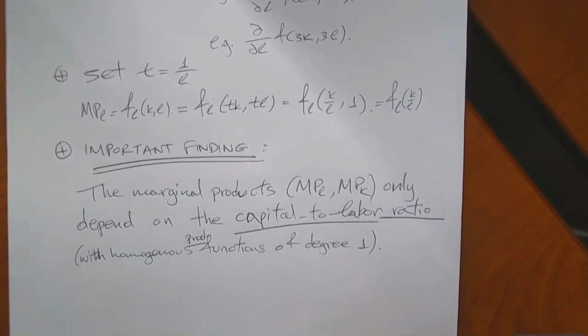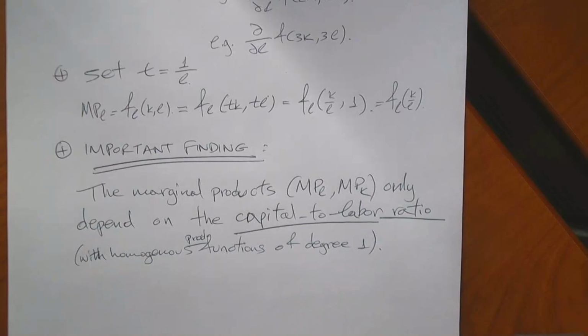So partly why the assumption of constant returns to scale is important, and so this assumption of homogeneous functions of degree 1, is because you arrive at a situation where the marginal products of labor and capital only depend on the relative use of capital and labor in production, not their absolute level. If it's low levels of labor, it's the ratio between them.